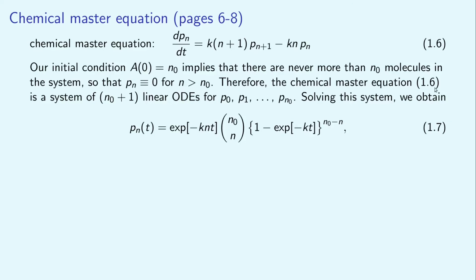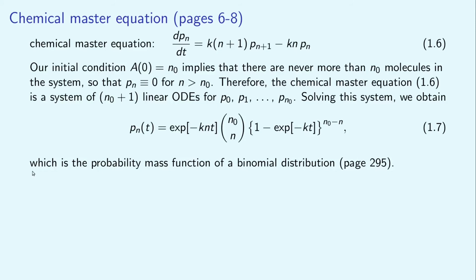Therefore, the chemical master equation 1.6 is in fact a finite system of n0 plus 1 linear ODEs for P0, P1 until Pn0. Since it is a linear ODE system, it can be easily solved to obtain the following formula, which is the probability mass function of a binomial distribution. Properties of the basic discrete probability distributions are summarized in Appendix B on page 295.